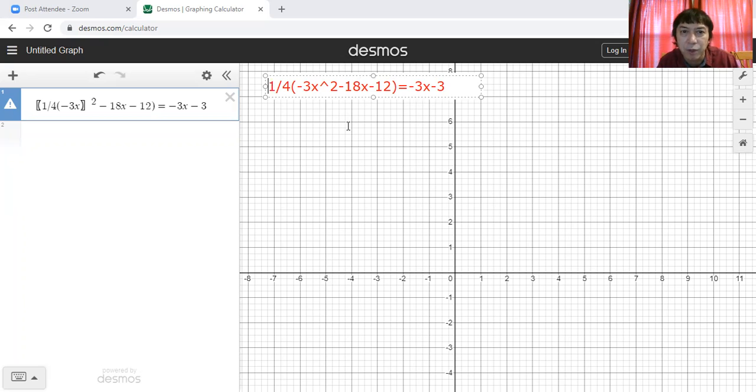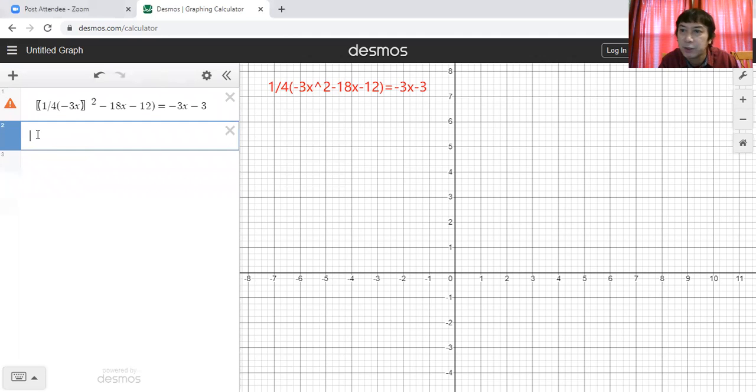Okay, that's it. We have 1/4 times the quantity negative 3x squared minus 18x minus 12 is equal to negative 3x minus 3.